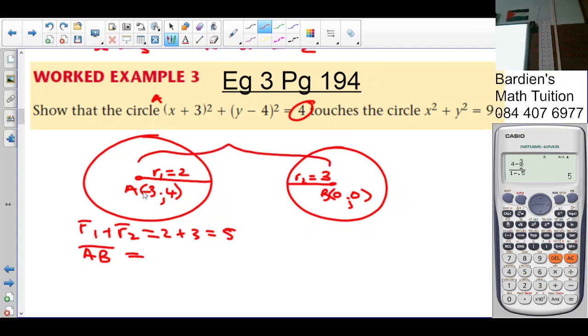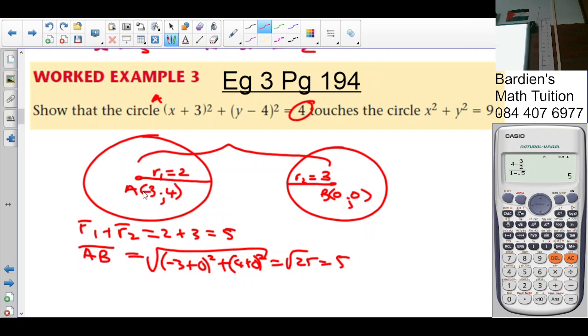So use the distance formula for AB quickly. That will simply be the square root of negative 3 plus 0 squared, which is 9, plus 4 plus 0 squared, which is 16, which is the square root of 25, which is 5.